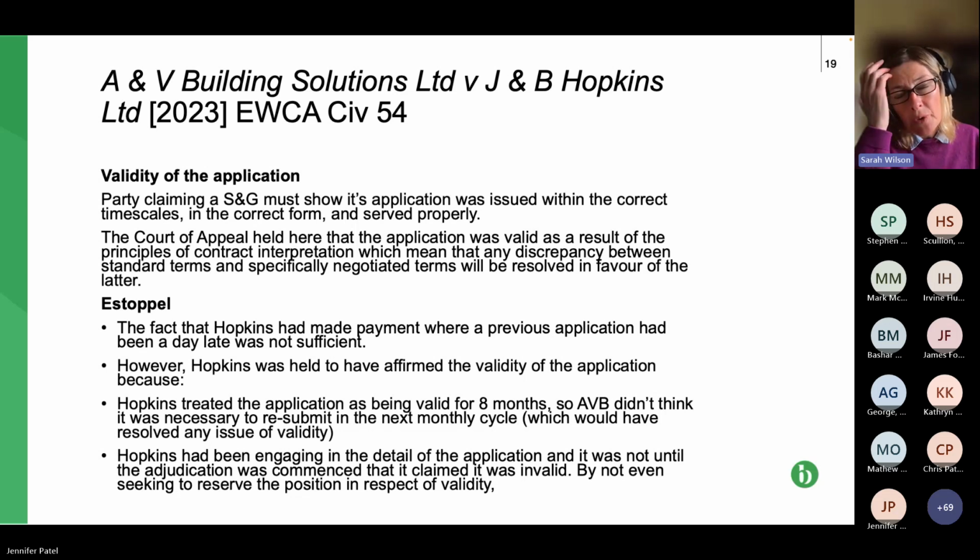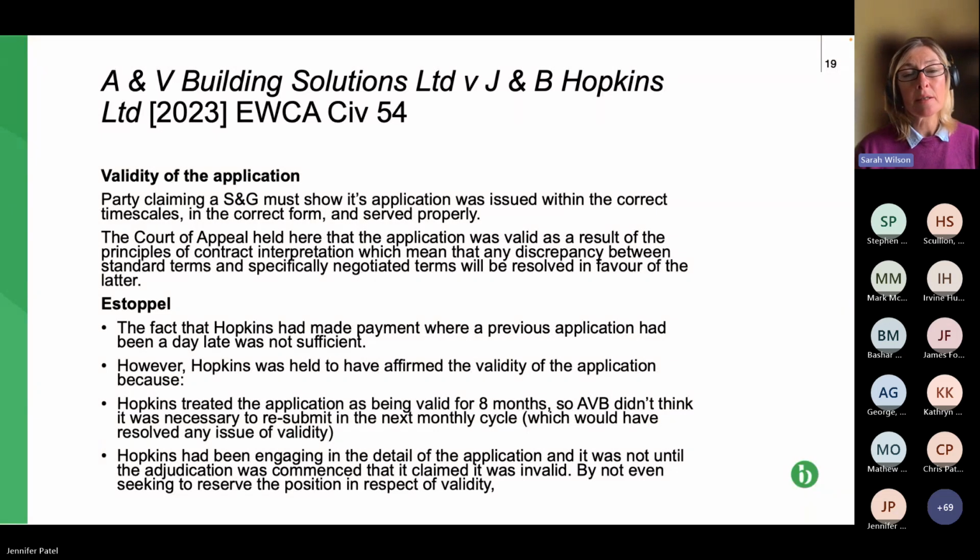But what the court did say was that in this case, the interim payment application that was the subject of the smash and grab was, in the eyes of the court, held to have been affirmed as being valid by the paying party, and that was because for 8 months they treated it as if it was valid, and it was only when the matter went to adjudication that they suddenly said this isn't valid.